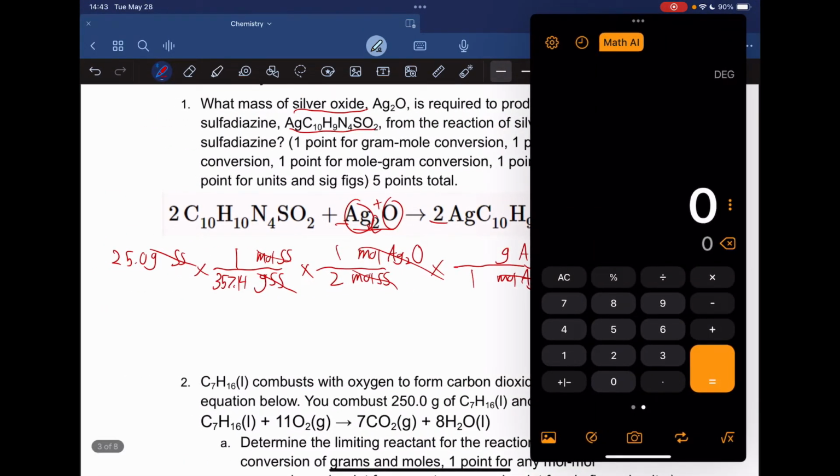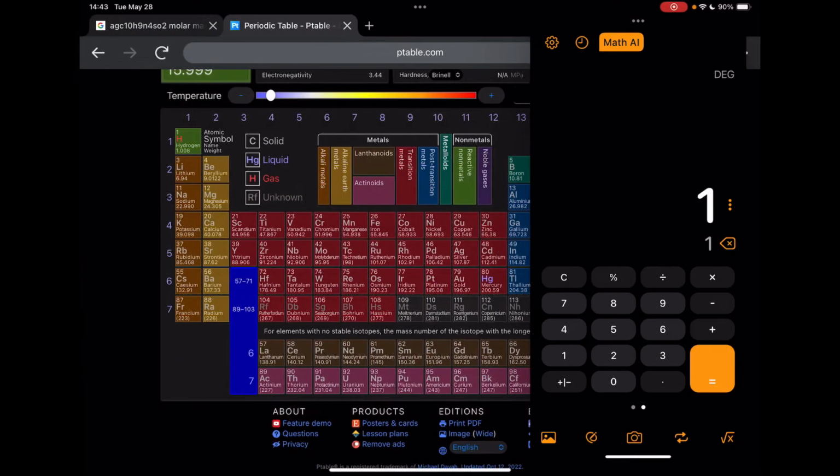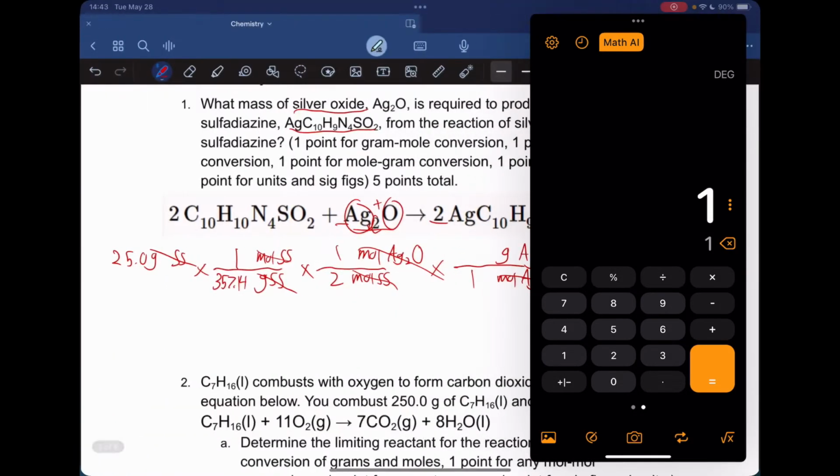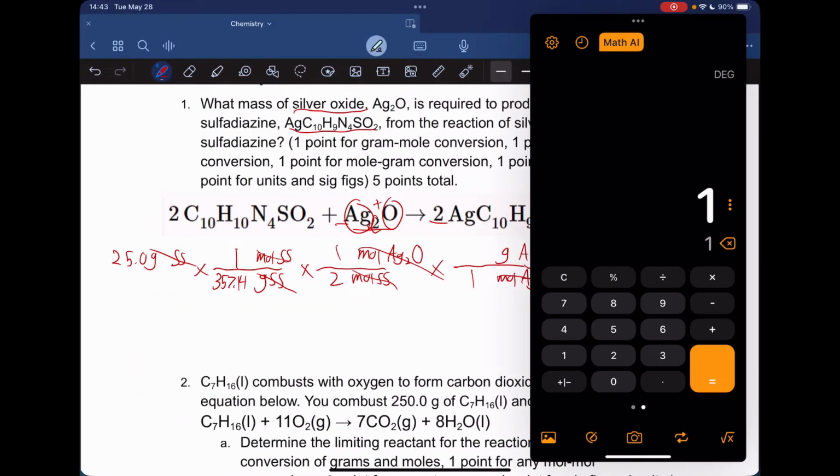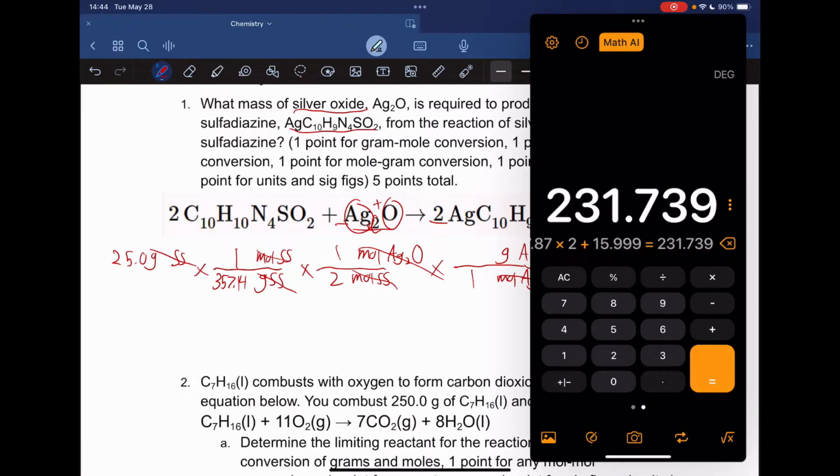So we're going to open up a calculator and do 107.87 times 2, because there's 2 silver atoms. And then we're going to add to that the molar mass of 1 oxygen, which is 15.999.